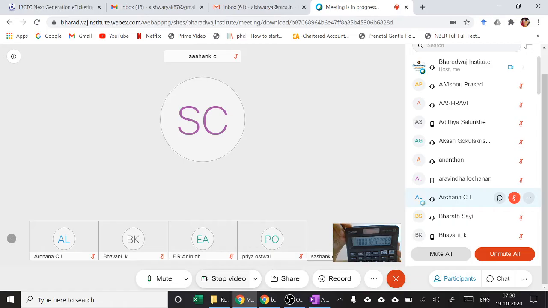Just check if it matches with this particular value. So this is the value that we are getting. Now what we have to do after this, Sashank? We have to do a minus 1.